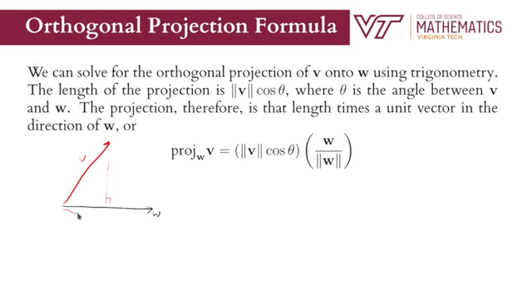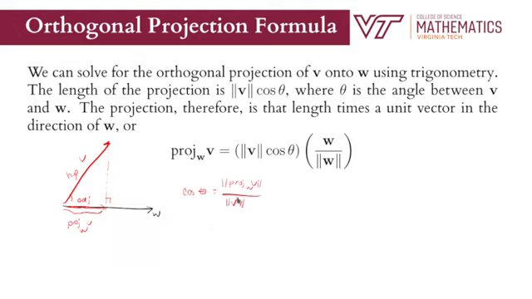And this piece right here is the projection of V onto W. But this is the adjacent side of a right triangle. This is the hypotenuse. And so the cosine of this angle is equal to the projection of V onto W divided by V. And actually, these are vectors. I have to take their magnitudes.